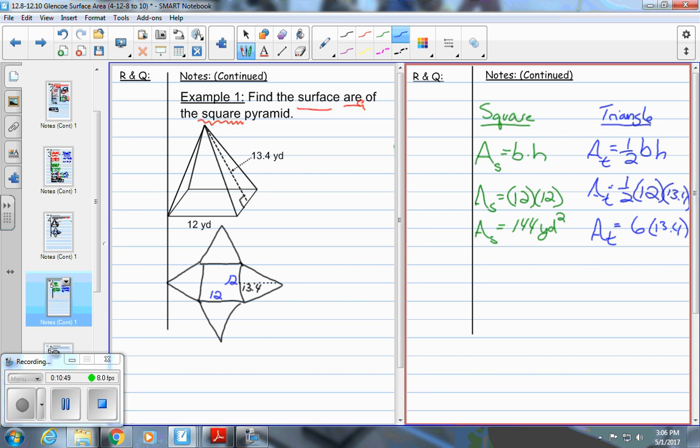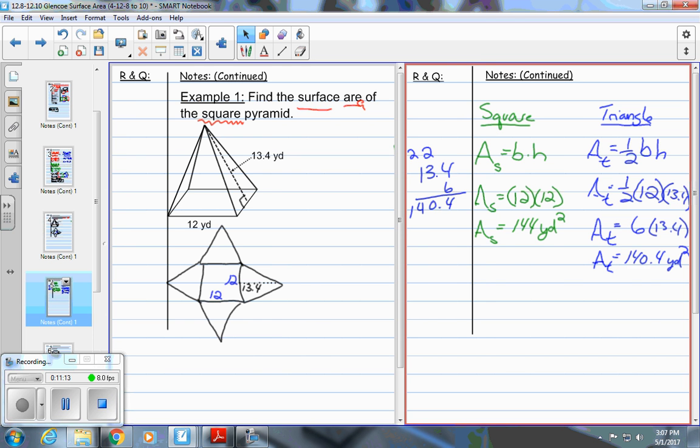I'm going to have to do that math on the side for you. Okay, the area of the triangle is 140.4 yards squared. Let's hope I didn't make any mistakes in my math today. I did that a little quick in my head.